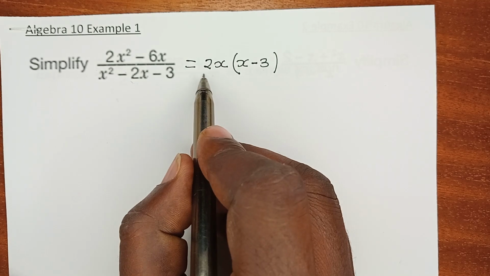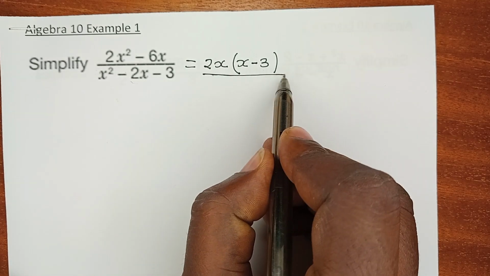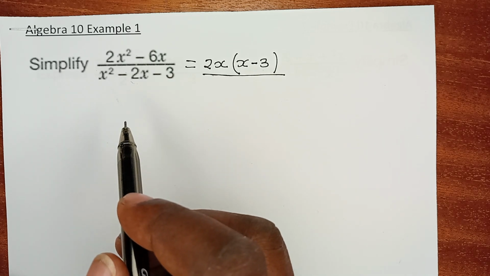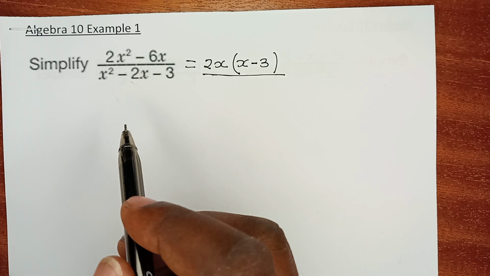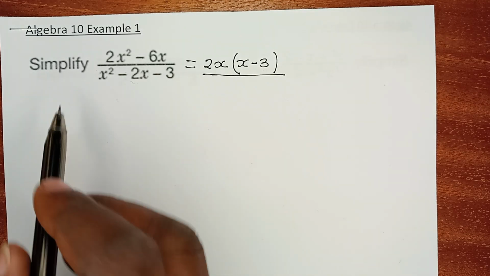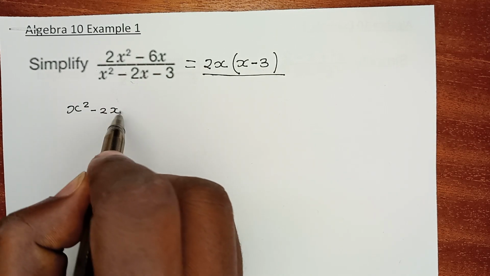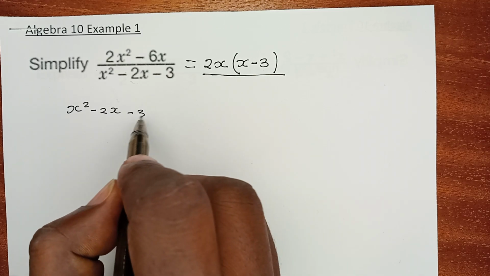At the denominator, it's a quadratic expression, and that means we expect to factorize it also. And this one, we just take the BAC approach, whereby we take x squared minus 2x minus 3.